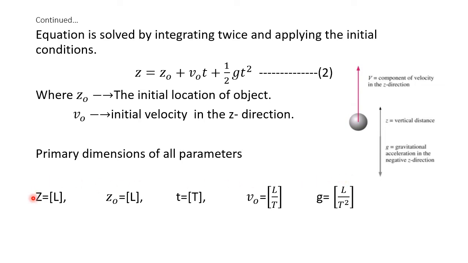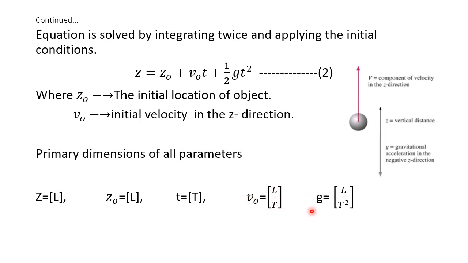So z's unit is meter and its dimension is L. Z0 also has the unit meter and its dimension is L, and t refers to time and its dimension is t. V0 refers to initial velocity, and the unit is meters per second. So meter is length and second is time, so L by t.